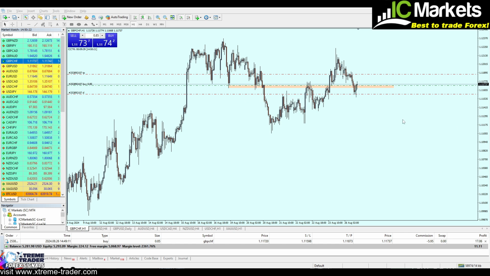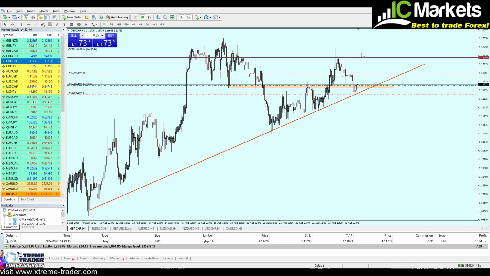Now, of course, we had to confirm this again with the trend lines, and as you can see right here, we have an upper trend, and it seems to me like the pound CHF is indeed respecting that trend line, and the bullish movement here is strong. It's a clear upper trend, and of course the market will most likely continue to rise till it reaches at least the highest level of a resistance at 1.120.